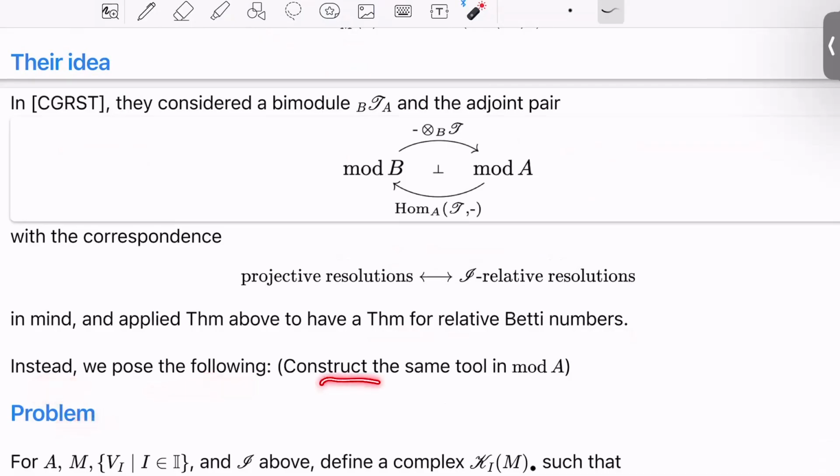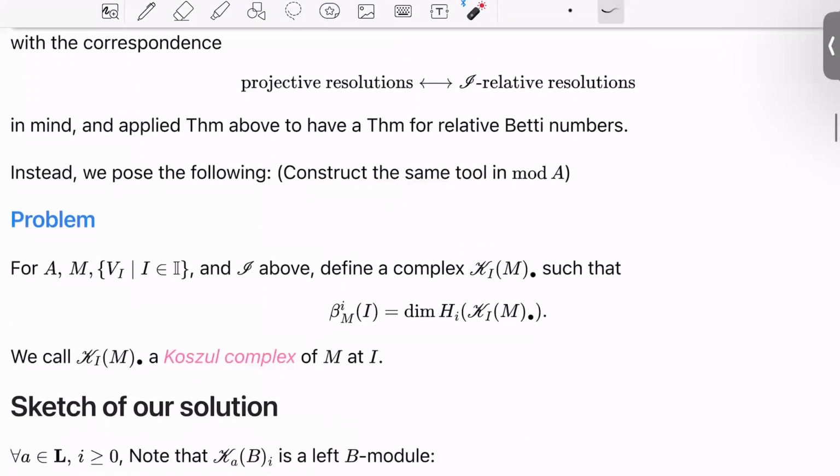So this is to construct the same tool in the module category of A itself, namely for an algebra A and an A-module M, and fix finitely many indecomposable modules, and let I be the additive closure of the direct sum of them.